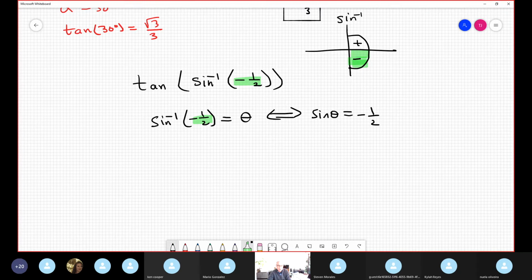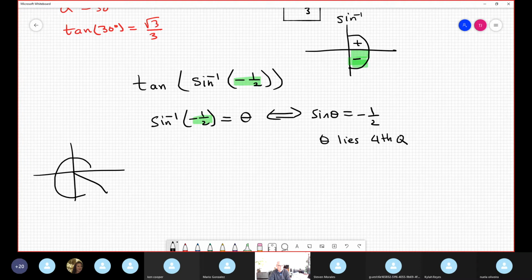Okay, so you declare here on one piece of paper, theta lies in the fourth quadrant. Okay, so 1/2 sounds familiar. I suppose that angle in the fourth quadrant like that, or like that, because we can represent using counterclockwise or clockwise. I prefer, in this part, clockwise. It is negative something.